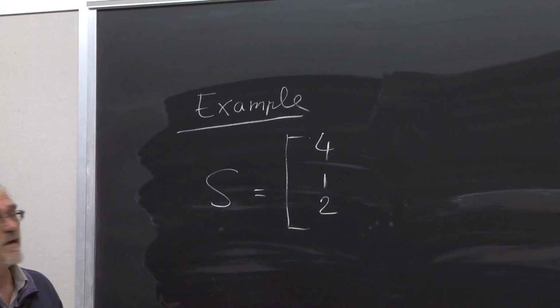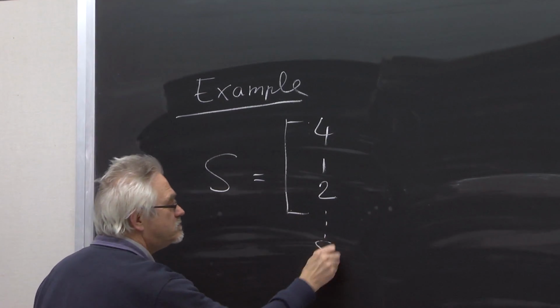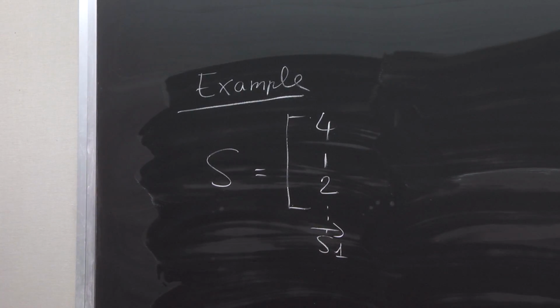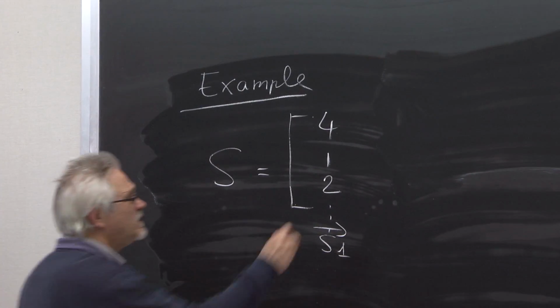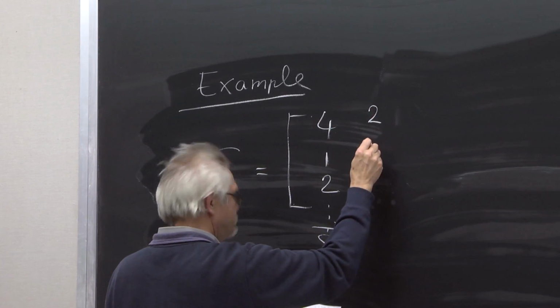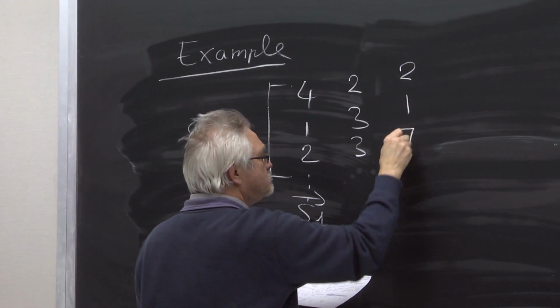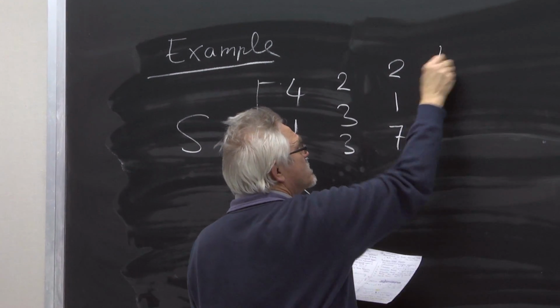Let's say that this is my measurement S1. Every measurement has three elements. And this is my second measurement. And this is my fourth measurement.